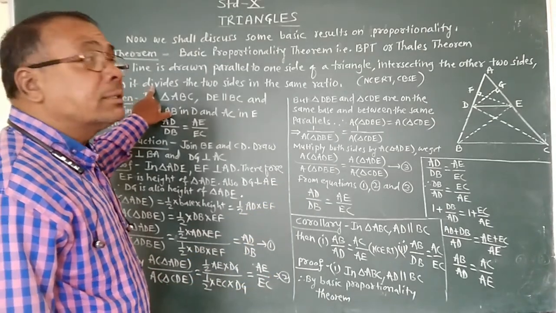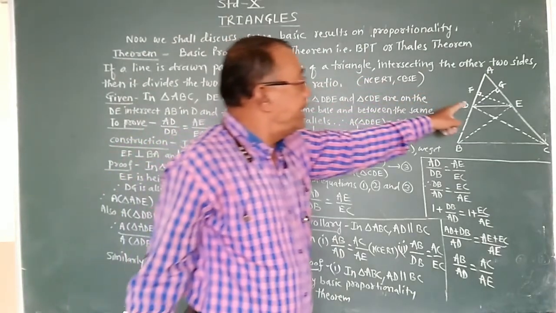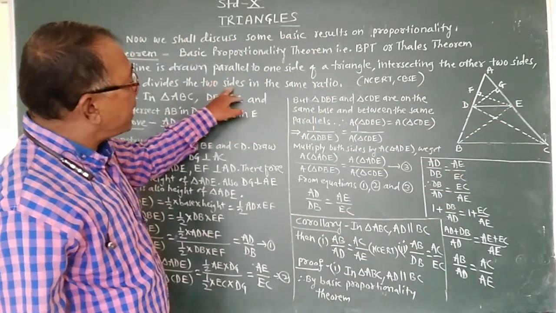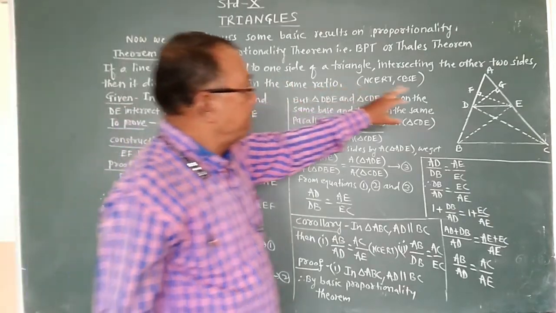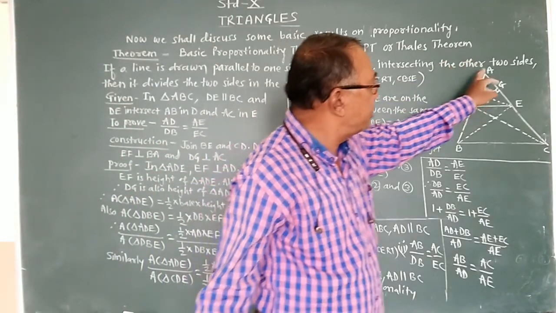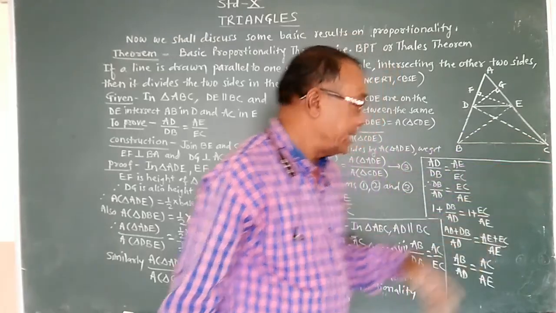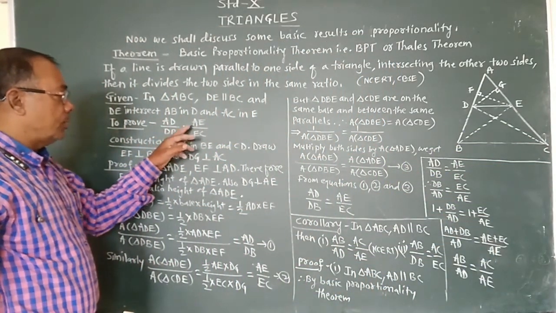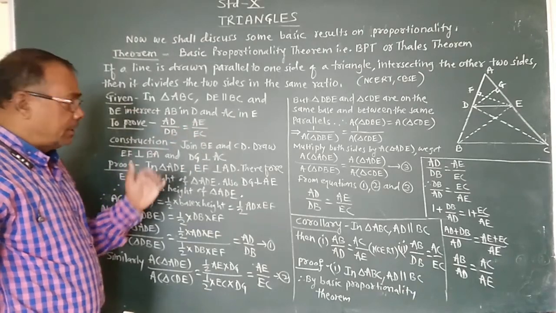Which line? Line DE divides the two sides in the same ratio, meaning AD upon DB is equal to AE upon EC, and that is our to prove: AD upon DB is equal to AE upon EC.